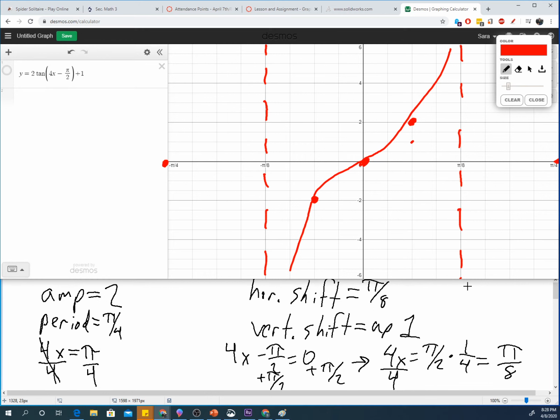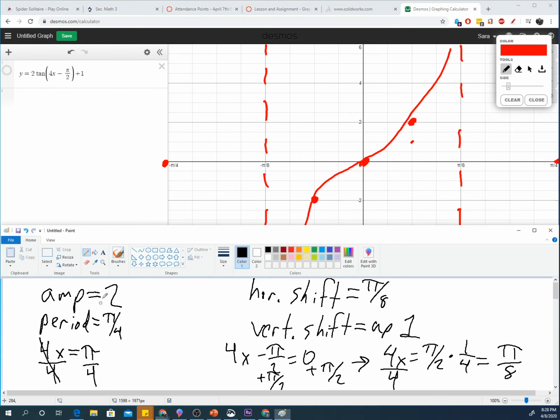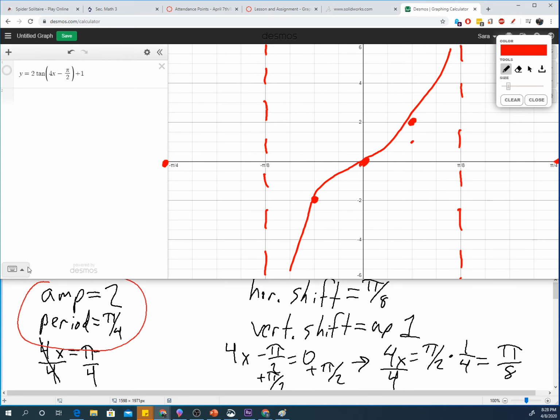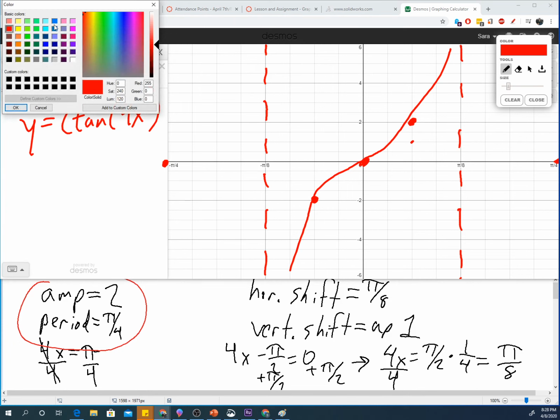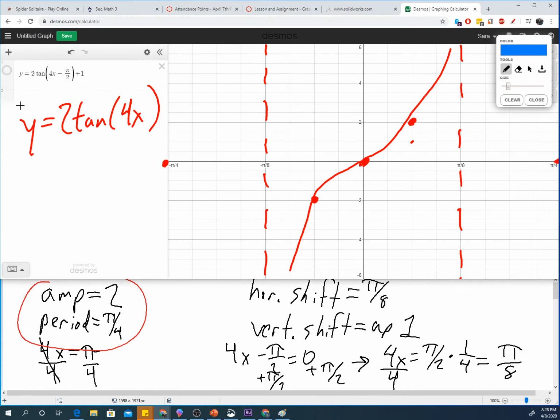I did a poor job there. Now remember, that is only using my amplitude and my period. So what I did here was I graphed just the equation y equals 2 tangent of 4x. Now if I want to add my shifts in, I'm going to move all of my points to the right by pi/8, and I'm going to move everything up by 1.